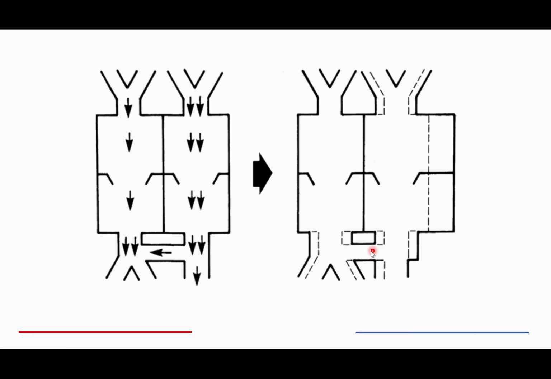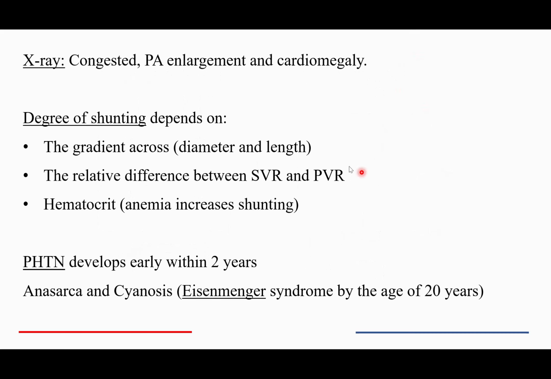This is a PDA, so blood flows from the left ventricle to the pulmonary circulation, dilating it, and then blood flows back to the left side and dilates the left side. The lung is congested. The pulmonary arteries are enlarged with cardiomegaly.